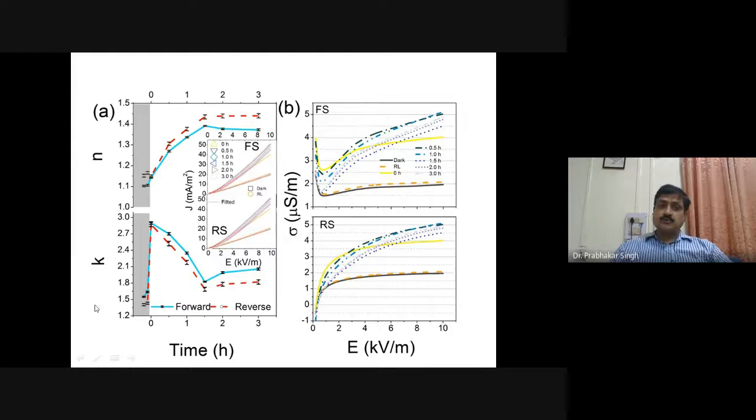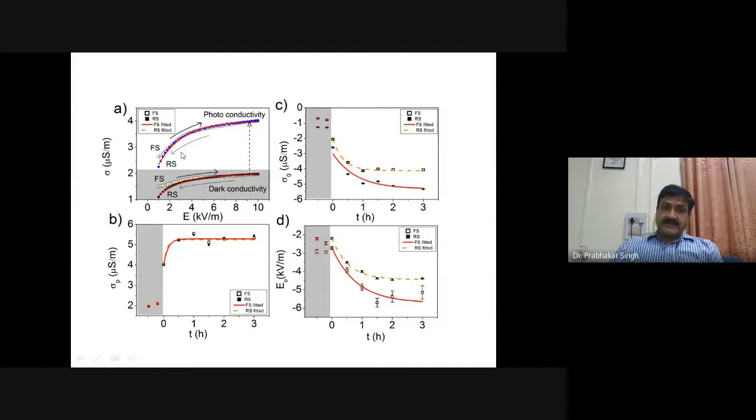We used the Drude model and calculated the parameters k and n of the equation J = k E^n, and we found that they increase and then become constant. They are related to the generation of photo charges and the mobility of the charges. Here k represents the mobility and n the generation of the charges, and we found that the mobility decreases while the generation is increasing.